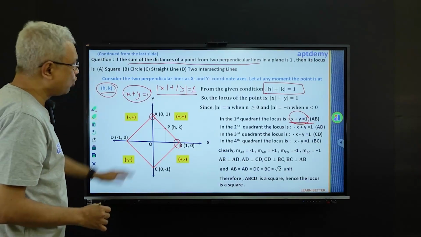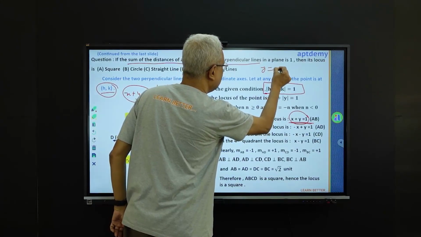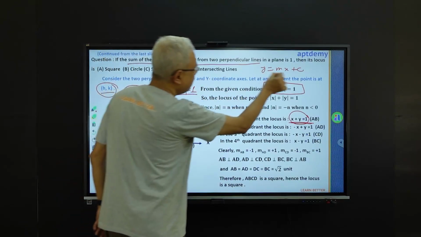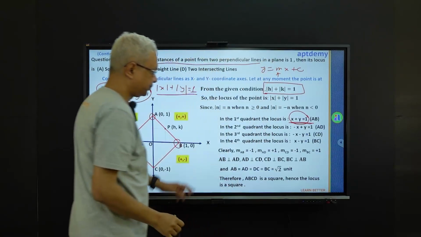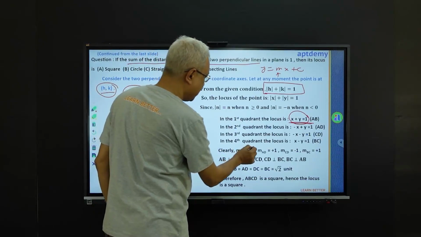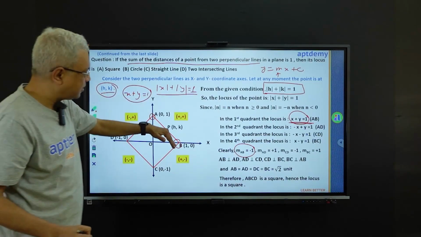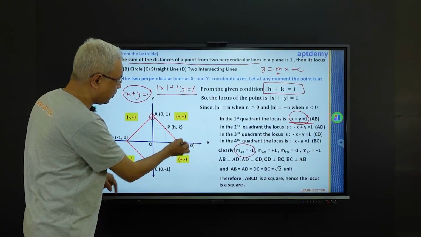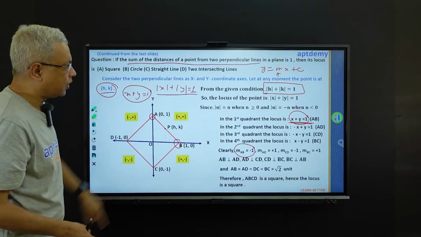And what is the slope of this line? If I compare the equation with the standard equation of a straight line, y equal to mx plus c, then m represents the gradient of the straight line. In this case, m becomes negative 1. So this is a straight line whose gradient is negative 1, and the point of intersection of the line with the x axis is (1, 0), and with the y axis is (0, 1).